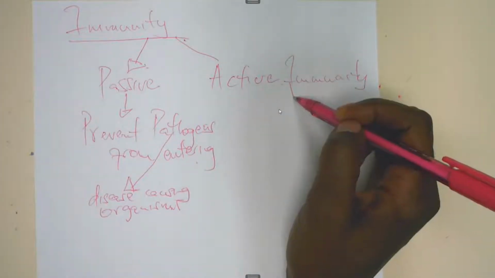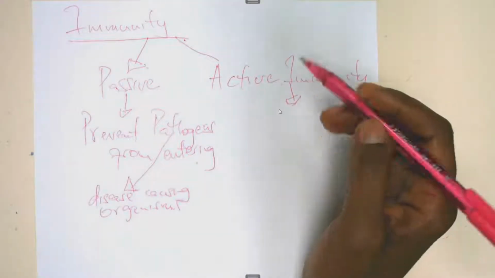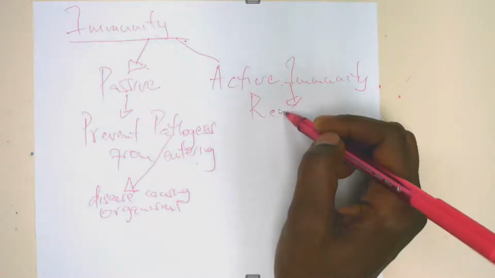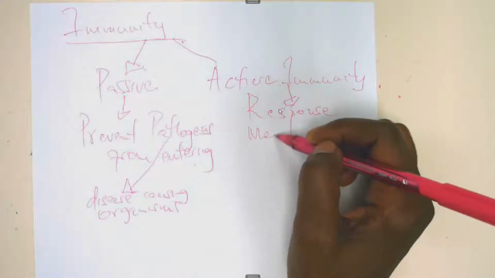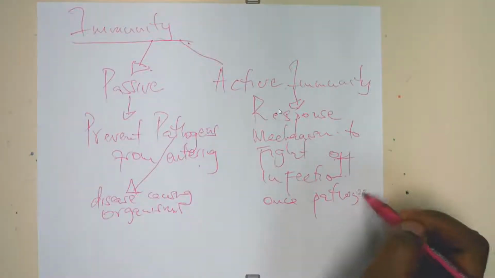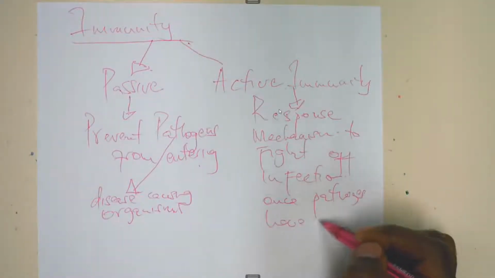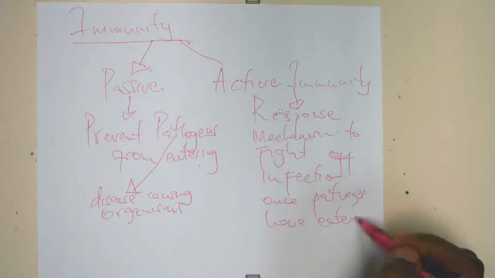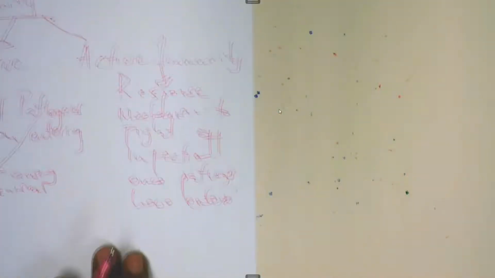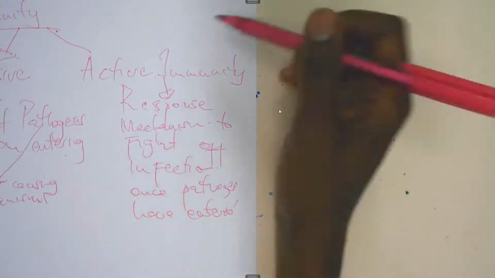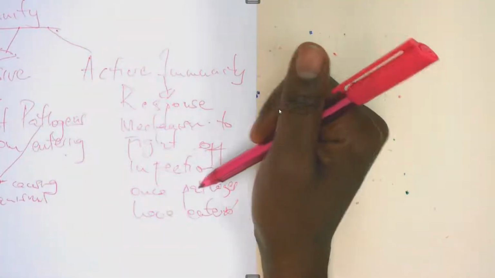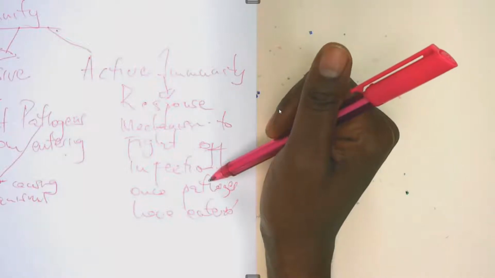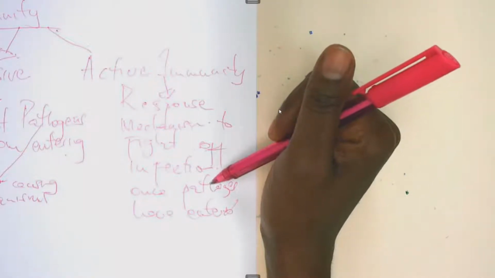And then active immunity. It is a response mechanism. So active immunity has to do with this: the response mechanism to fight off infection once the pathogens or the disease-causing organisms have already entered into the human body.